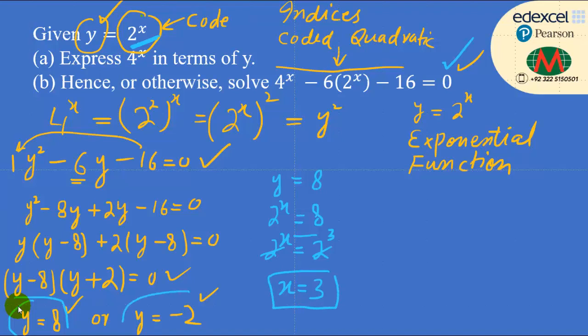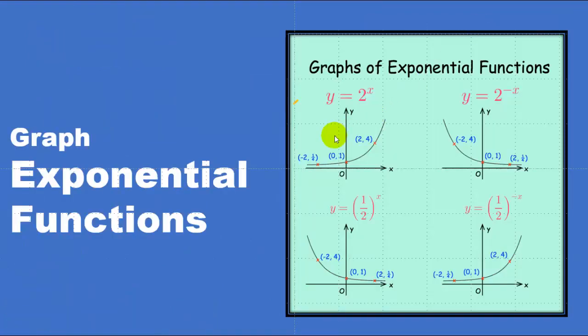Now take this second one, y is equal to minus 2, and y is 2^x, which is equal to minus 2. We know that 2^x is called an exponential function, as we have just discussed. So let's check the graphs of exponential functions. There are 4 graphs of exponential functions. Let's take only this one first, and you can observe this graph is above the x-axis.